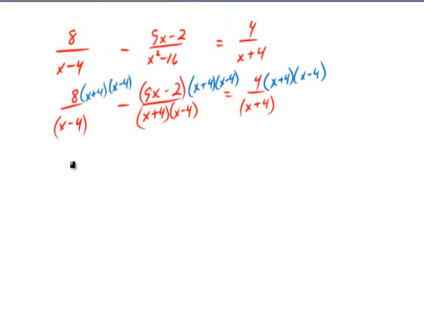On the left, in the first fraction, the x minus 4's cancel. If I distribute the 8, I have 8x plus 32. In the second fraction, the x plus 4's cancel, the x minus 4's cancel. I have a negative to distribute throughout the 9x minus 2. And on the right-hand side, the x plus 4's cancel. I distribute the 4 throughout the x minus 4.